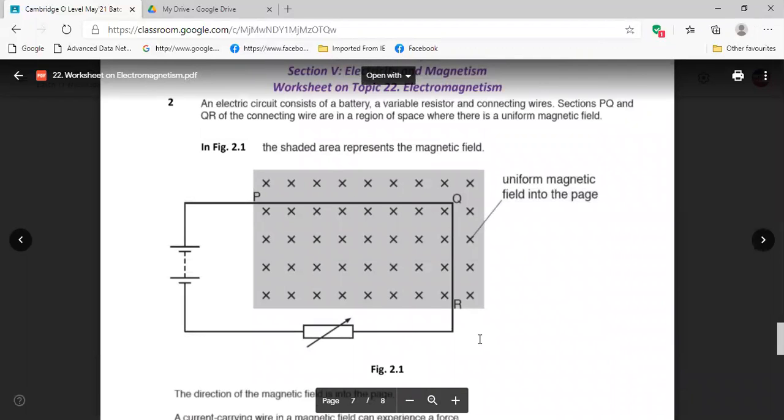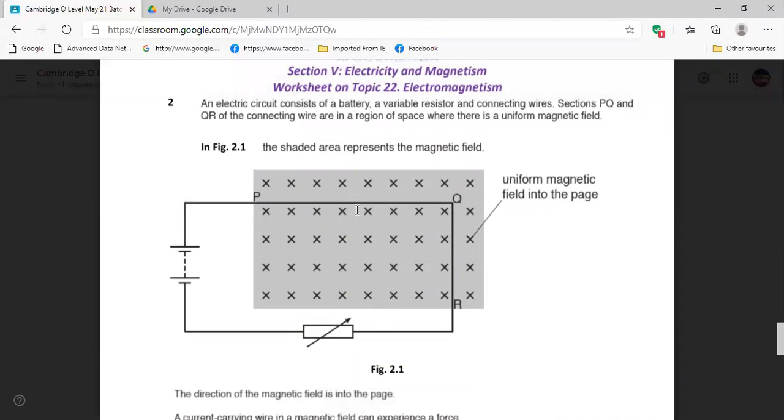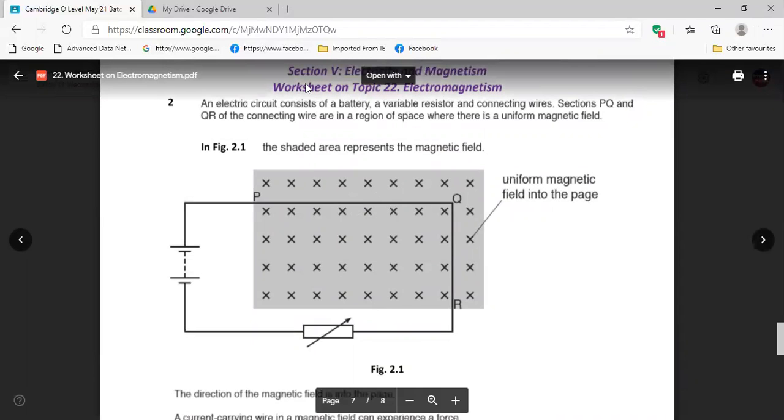Okay, so we have to know here the direction of current, right? It's going in this direction here, and here it's going in this direction. Now using Fleming's left hand rule, you check how this wire is moving.